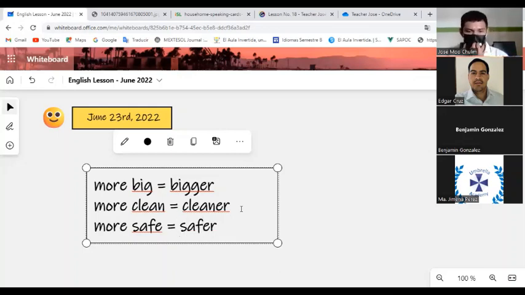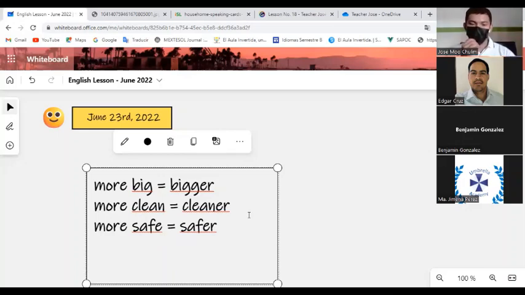But there are some words that we don't say like this. For example, if we want to say "más inteligente," how would we say it? Smarter. That's one option, but we can also say "more intelligent."